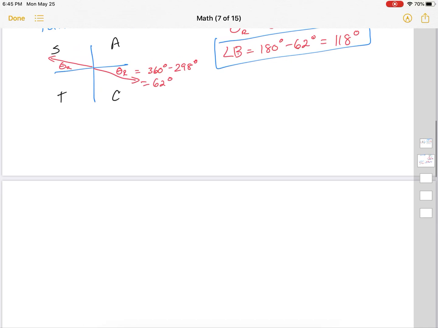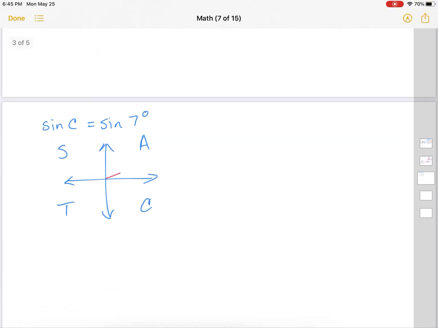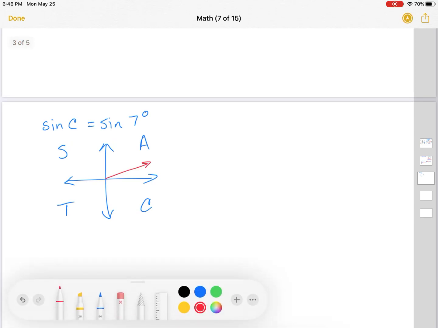Okay, now the last one I need to do is C. It says that sine of C is equal to sine of 7 degrees. So again, looking at my quadrants and thinking about my CAST law, sine of 7 would be in here.